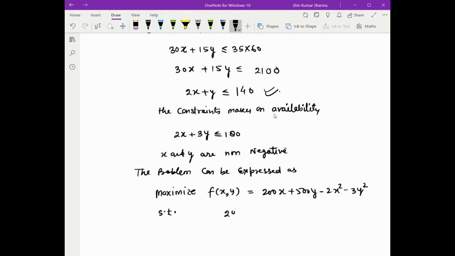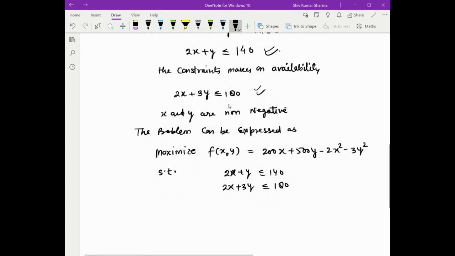The constraints are: first, 2x plus y less than or equal to 140, and the second constraint is 2x plus 3y less than or equal to 180, and we write x, y greater than or equal to 0. So this is the formulation of the problem.